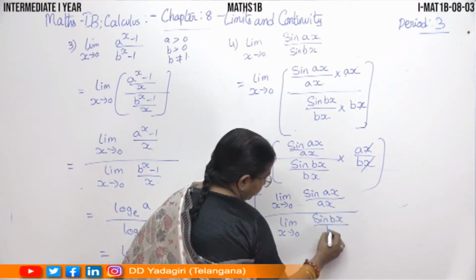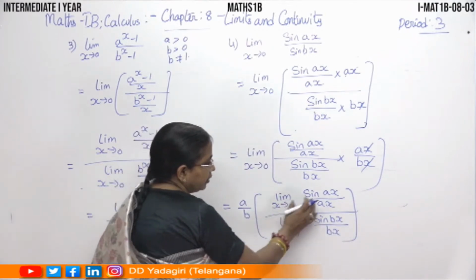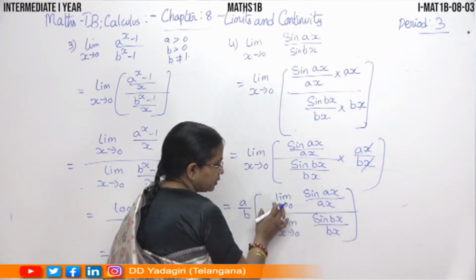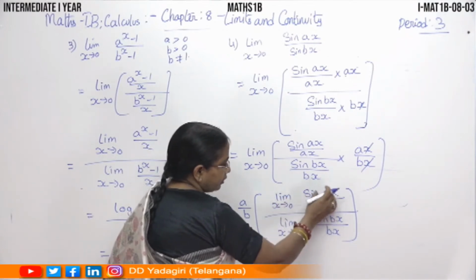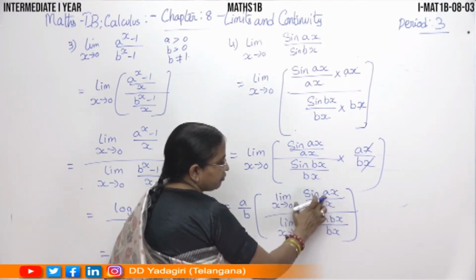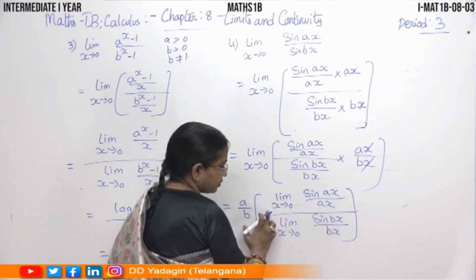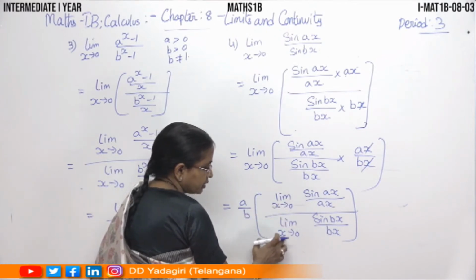I can write the limit for numerator and denominator separately. Now if you observe, it has to be in the standard form, in complete form. So here you have sine x by x, x tending to 0. Instead of x, you have ax. So multiply on both sides by a, here on both sides by b.